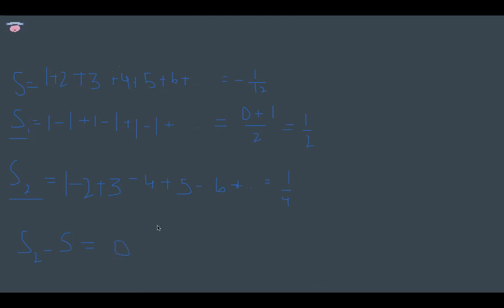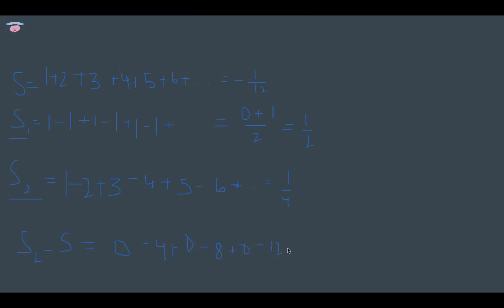Negative 2 minus positive 2 is negative 4. 3 minus negative 3 is 0. Negative 4 minus positive 4 is negative 8. 5 minus 5 is 0. Negative 6 minus 6 is negative 12.